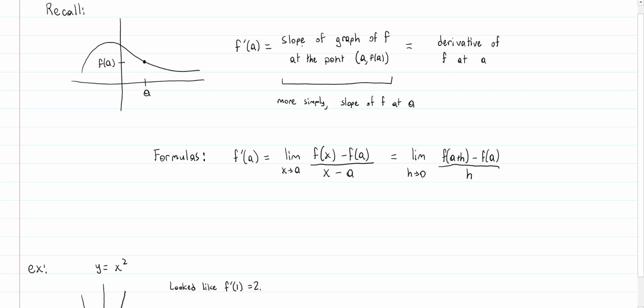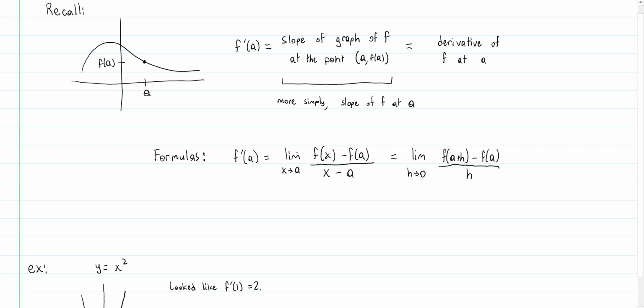Now, having to say that it's the slope of the graph of f at the point (a, f(a)) is a mouthful. So more simply, I'm just going to say the slope of f at a. Now, we had these formulas for f prime of a.